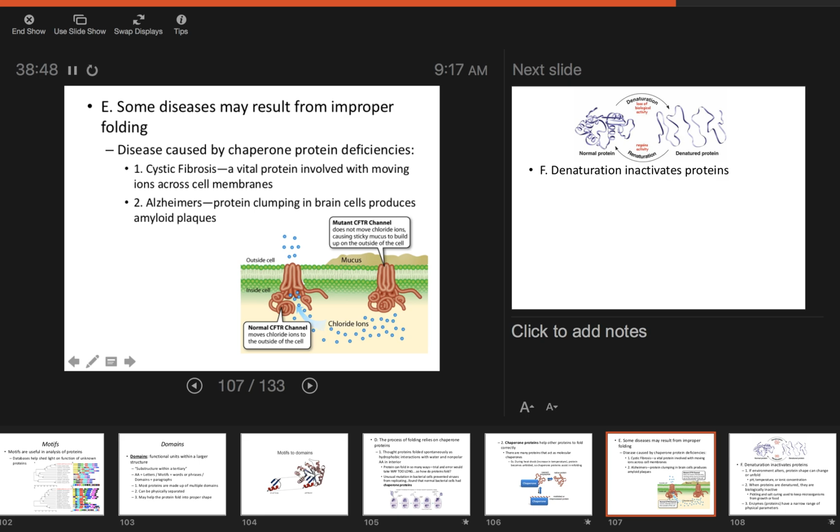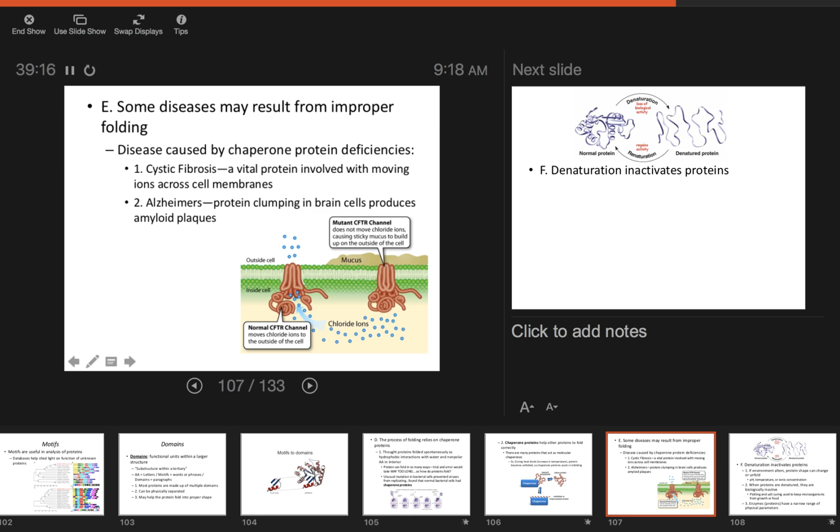But if you have a mutant CFTR channel, it doesn't work right. Notice it's closed up, like the chloride ions can't travel through and break down the mucus because it's closed up. So as a result, mucus builds up in their respiratory pathways, and it's not a pretty disease.